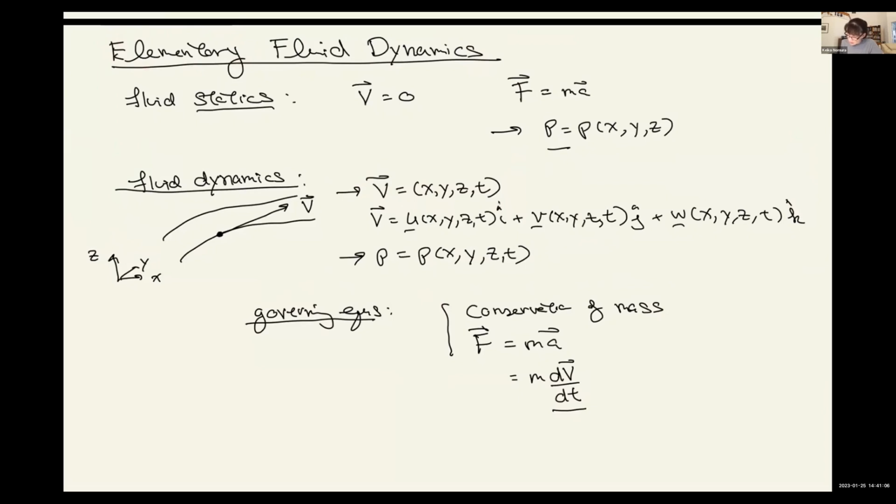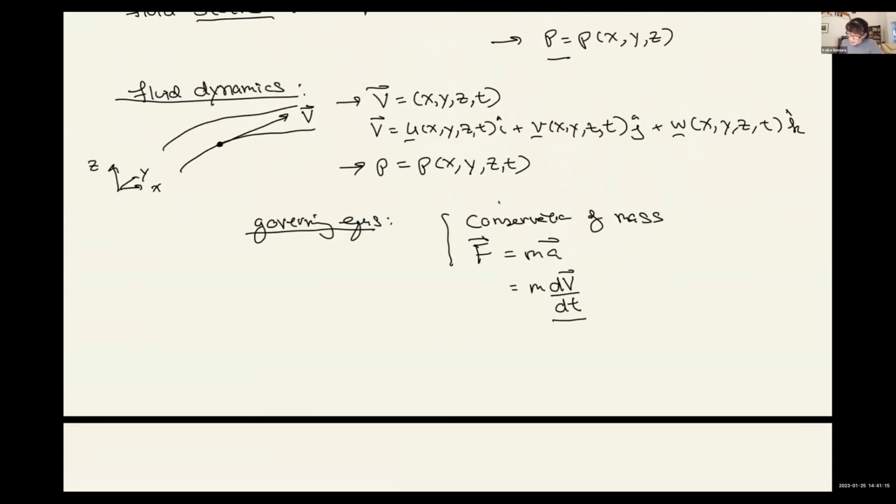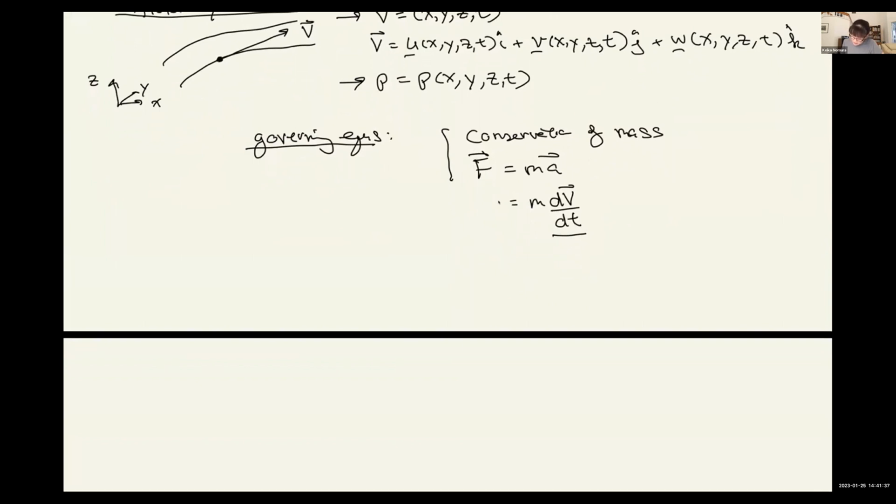So first of all, the first thing that we're going to do is, in general, although you can consider three-dimensional space as described by Cartesian coordinates or cylindrical coordinates, depending on the geometry of the flow problem, what may simplify the analysis is if you consider streamline coordinates.